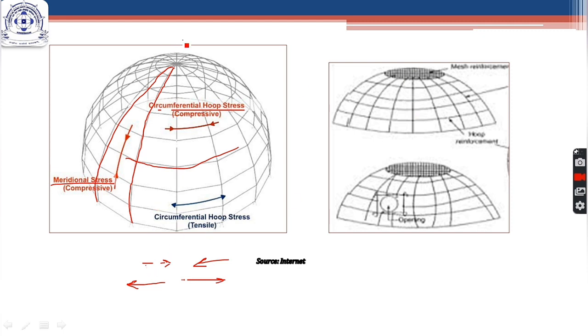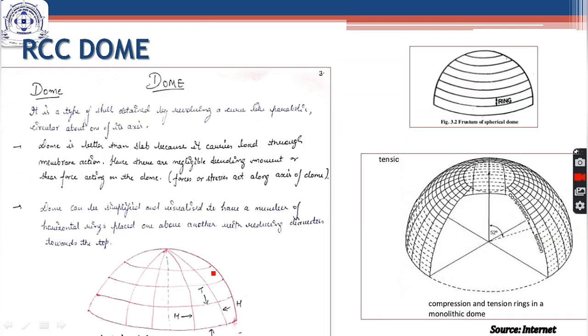The load W acting on the dome, that is the vertical load consisting of dead load and live load, is transferred through the dome by tensile and compressive forces, which are the circumferential and meridional forces. I have shown this in the diagram. Now let us consider a small ring of the dome.